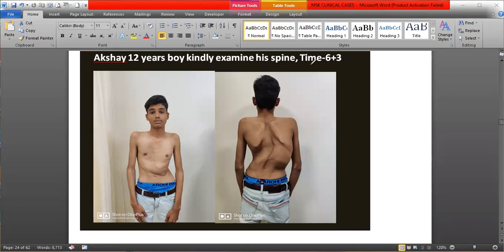Yes, because of the cord tethering. Exactly. So that is one of the red flags I need to tell the mother. Bladder and bowel involvement may occur due to cord compression. Pain is also one of the complications.